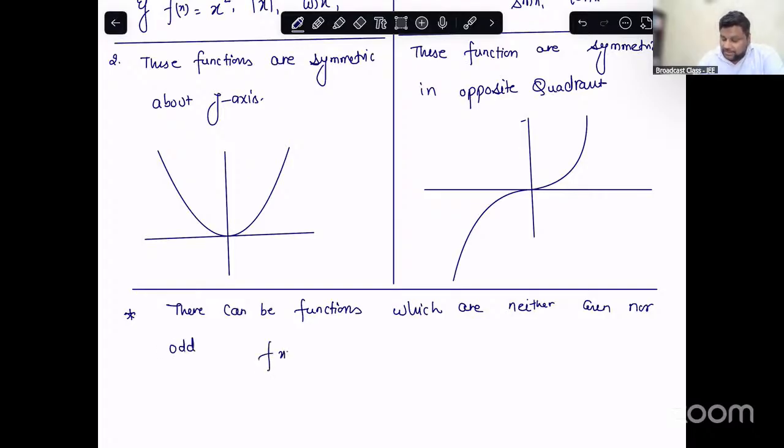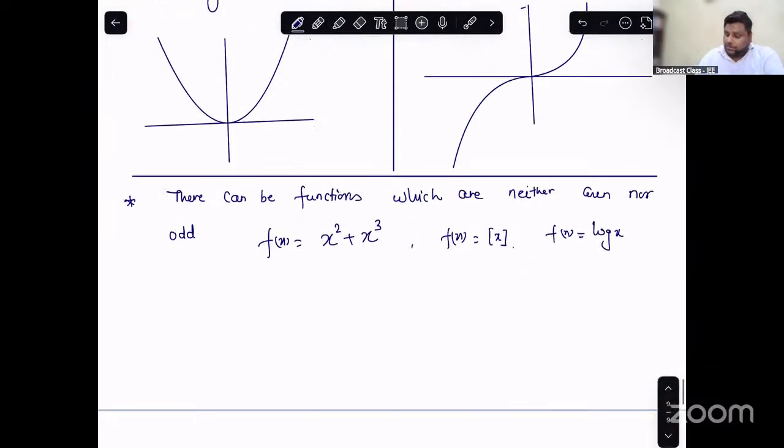For example, fx equals x square plus x cube is neither an even function nor an odd function. Or fx equals greatest integer x, or fx equals log x. So these functions are neither even nor odd functions.